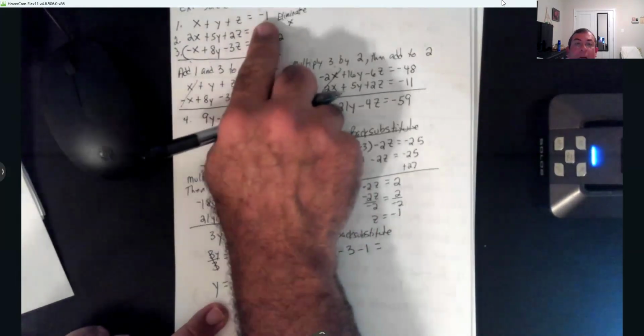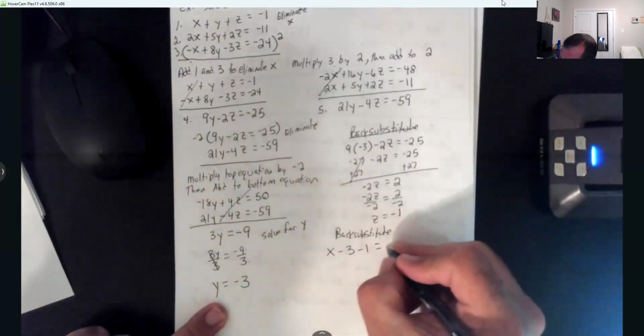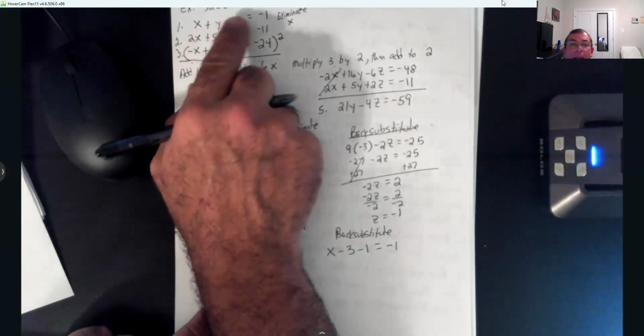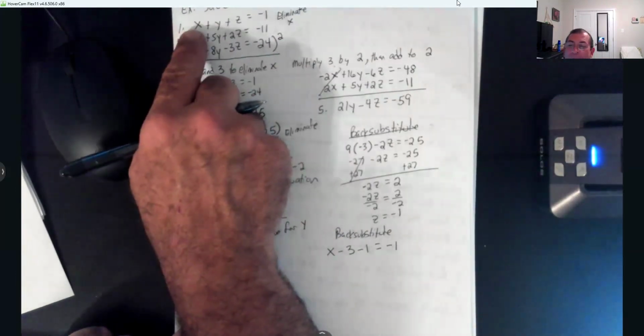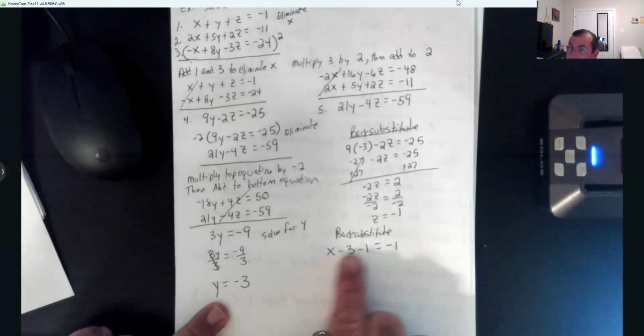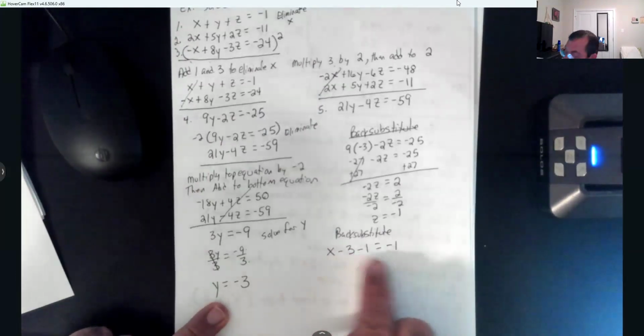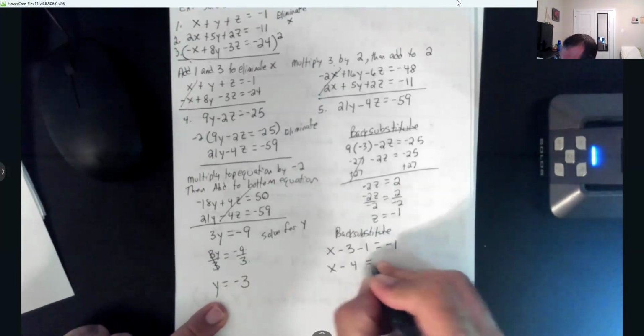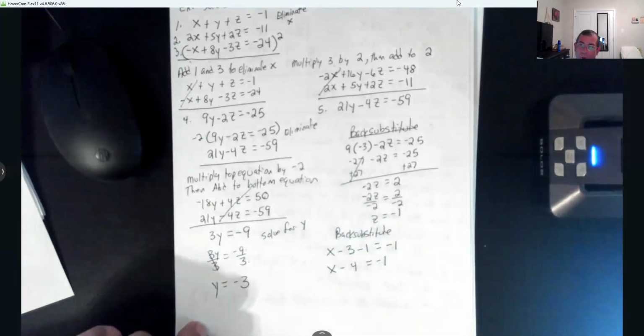All of this has to equal -1. Okay, so I just plugged in the y I had and the z. So now I'm going to solve that for that x. Well, I'm going to add this -3 and -1 together real quick. That's going to give you a -4, all equal to -1.